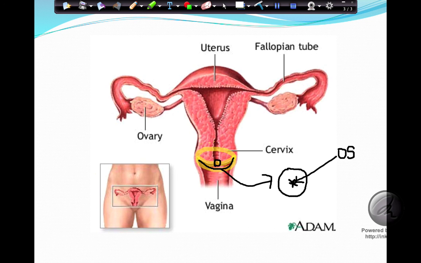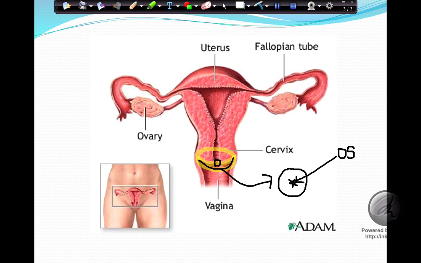It's not going to be able to move upward and onward in the female tract and won't be able to fertilize that egg. However, at ovulation, which is the only fertile time in a woman's monthly cycle, that mucus thins and makes it easier for the sperm to permeate through and move on upward to maybe fertilize that egg. So that cervical mucus does play a role in that process.